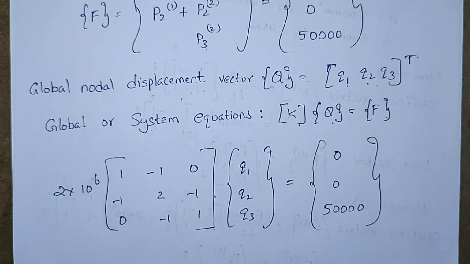Now imposing the boundary condition q1 is equal to 0 in the above equation by the elimination approach, which was discussed. So we'll write the next step.